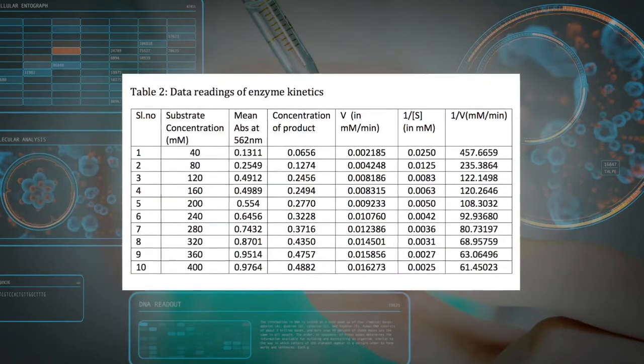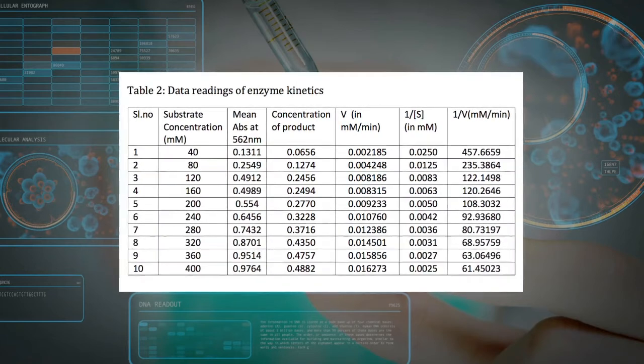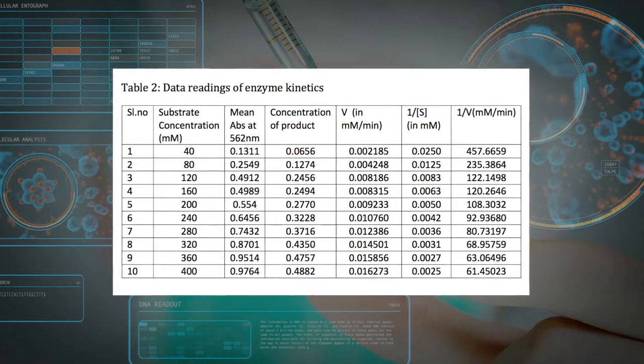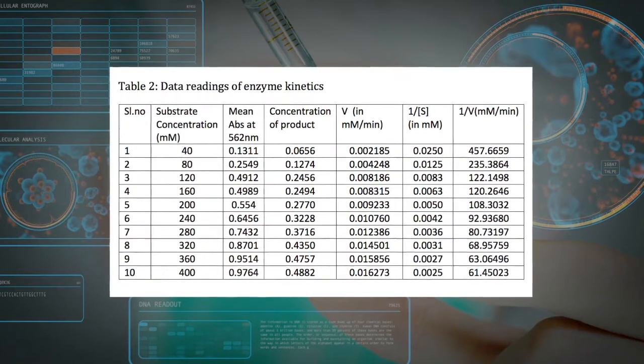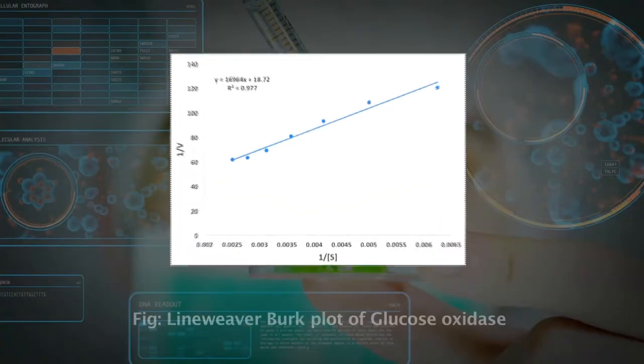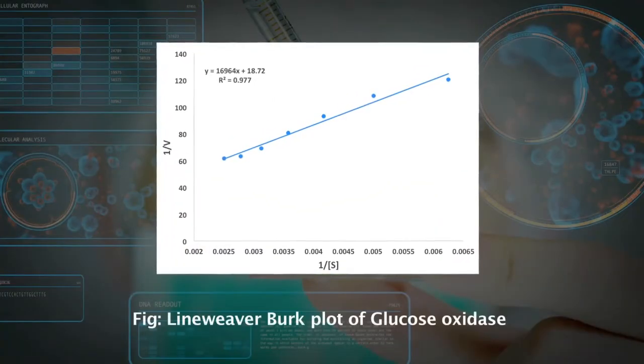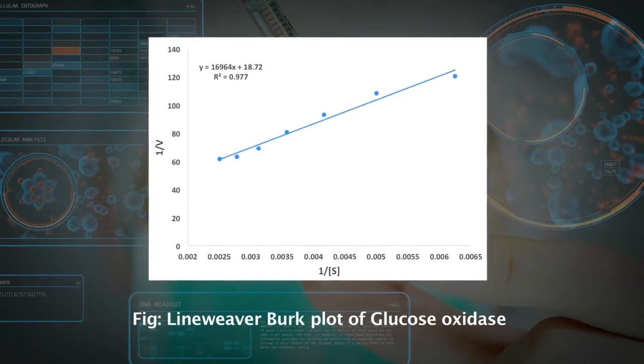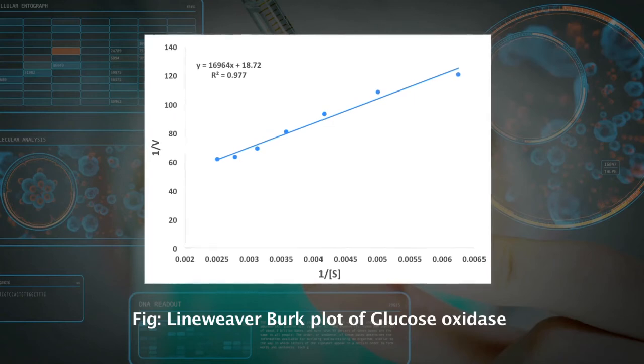From the above equation, concentration of product, which is hydrogen peroxide, formed was calculated from the absorbance. From the above observations, the rates of reaction at specific concentration of substrate were calculated. Then, a graph of reciprocals of substrate concentration and rate was plotted to get the Lineweaver-Burk plot.